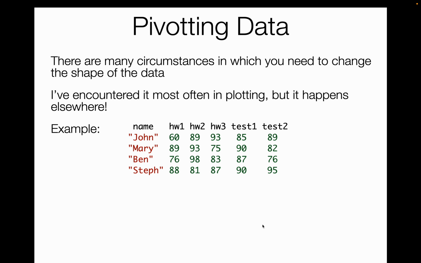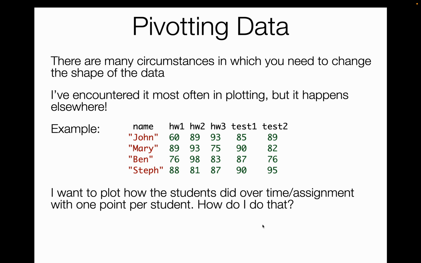I have John, Mary, Ben, and Steph, 3 homeworks, 2 tests, and of course their name. I want to plot how well the students did over time, which we'll assume means they did homework 1, 2, and 3 first and took 2 tests at the end. We don't know exactly how it goes, but that's what we'll assume.